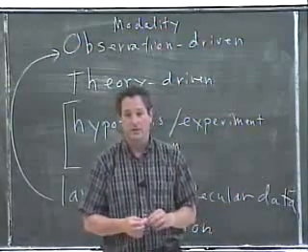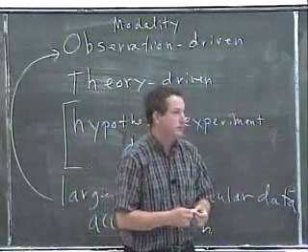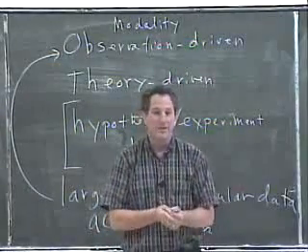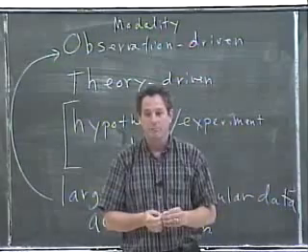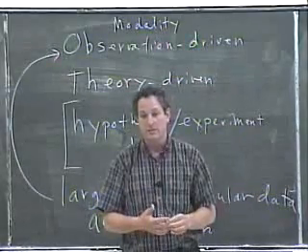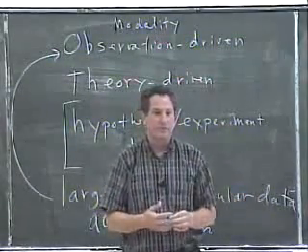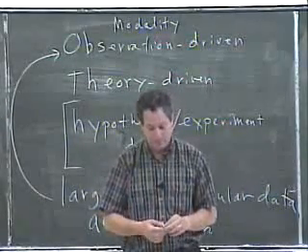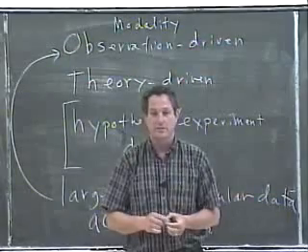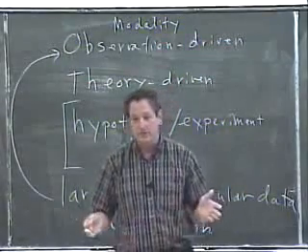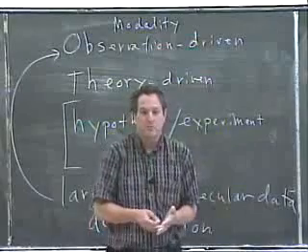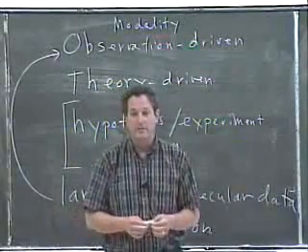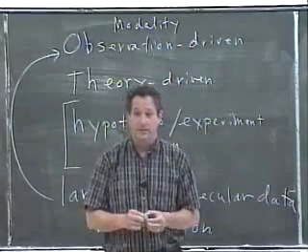And I heard a lecture recently by a famous biologist. I won't try to pronounce his name. It's unpronounceable. But who basically was saying most of the data that you learn, most of the specific information you learn about cell biology, molecular biology, genetics, and so on, is just happenstance.